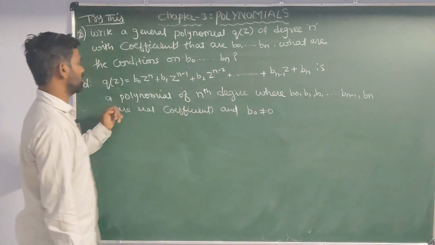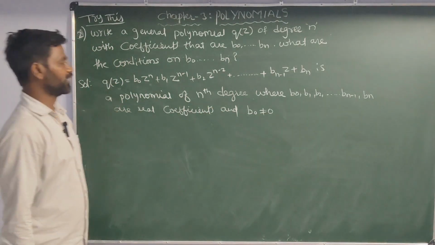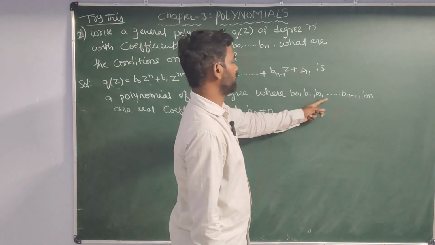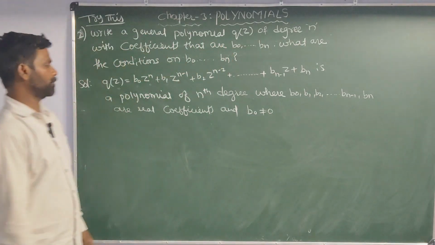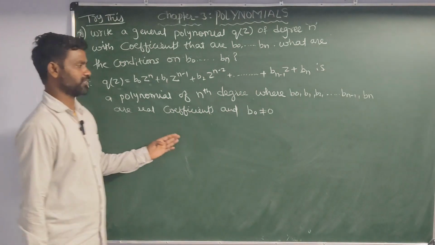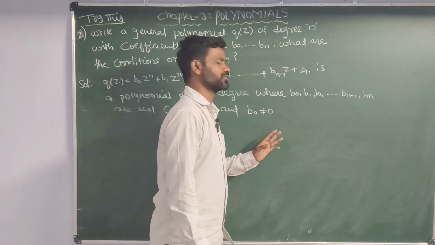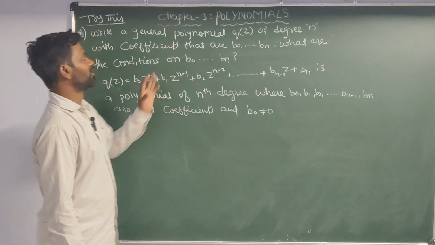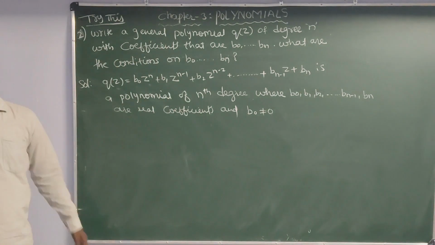Here b0, b1, b2 so on bn minus 1, bn are real coefficients and b0 is not equal to 0. So this is the answer for the second question.